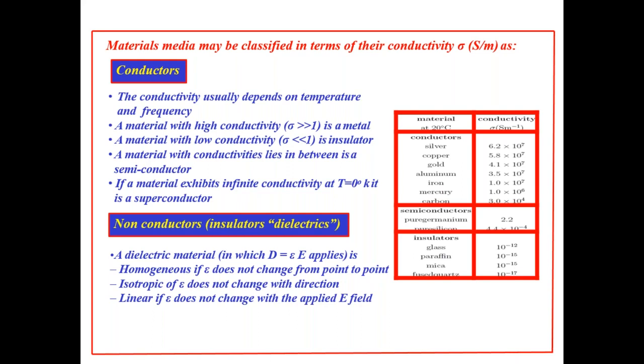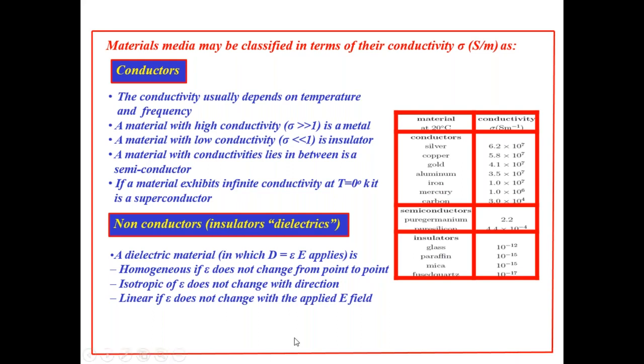If a material exhibits infinite conductivity at T equals 0 degrees K, it is a superconductor. For insulators, that is dielectric material, D equals permittivity times E applies.